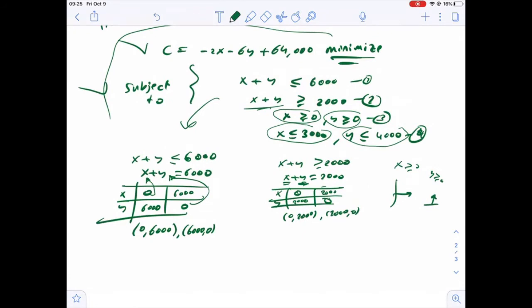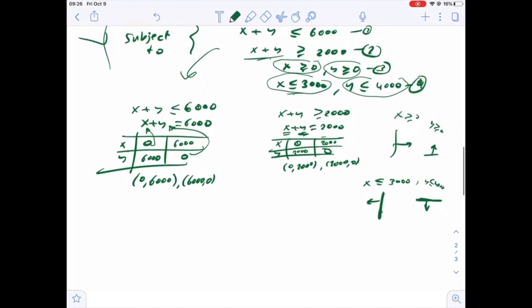The number of items should be non-negative, at least 0 or positive, but it can't be negative. Okay, so these are all the constraints. Let's graph these constraints. So we have x less than or equal to 3,000. So we have a vertical line, and less than, that means to the left, and y less than or equal to 4,000, that's a horizontal line, and below it. Okay, so we'll see this from the graph.